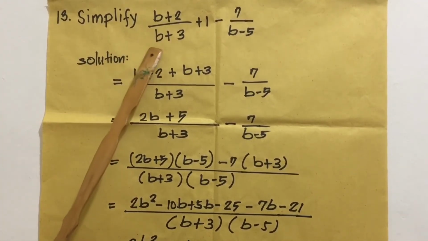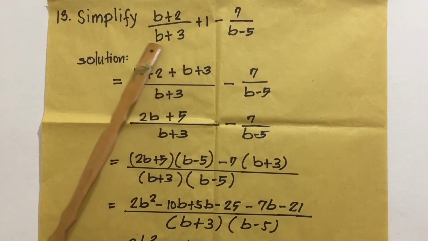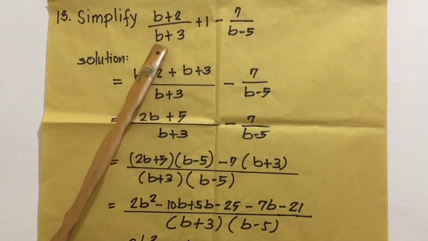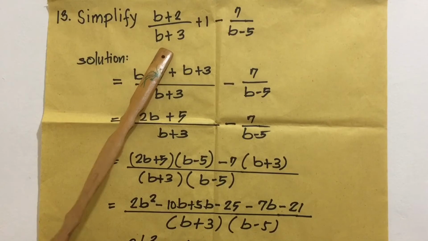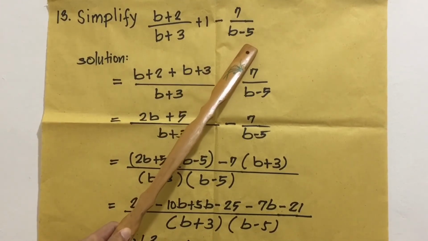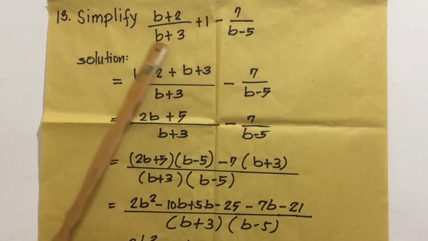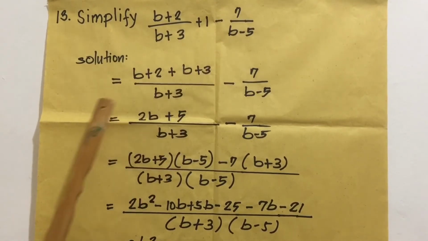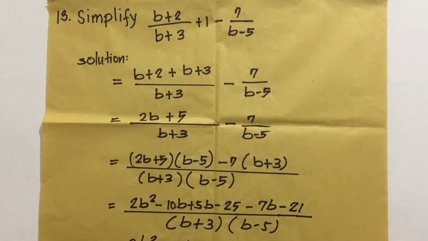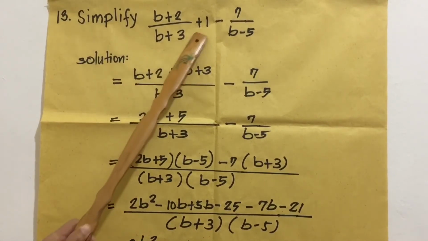Okay, the LCD of b plus 3, since it cannot be factored, therefore this is a prime, and b negative 5 cannot be factored, so this is a prime. So the denominator is prime, we're going to multiply this. So that will be our LCD. But first we're going to arrange this one.